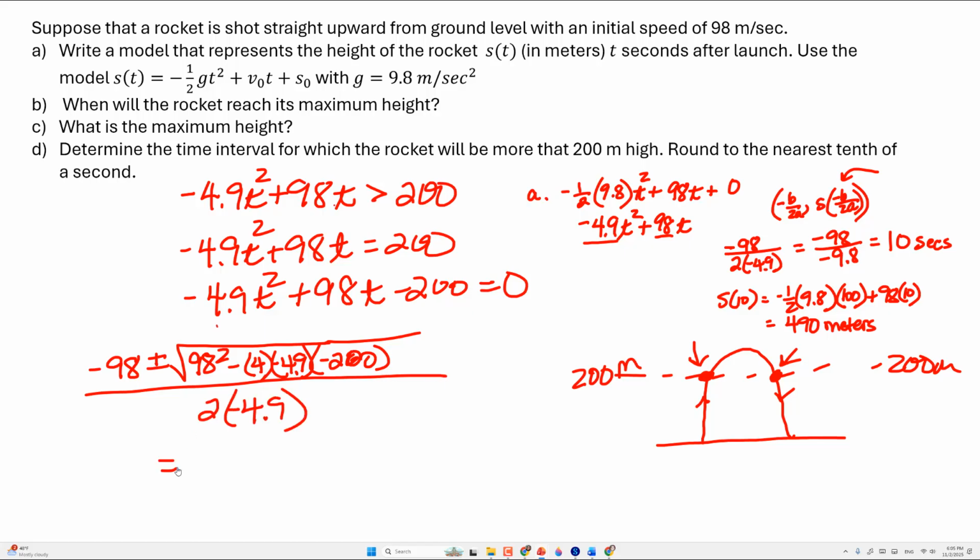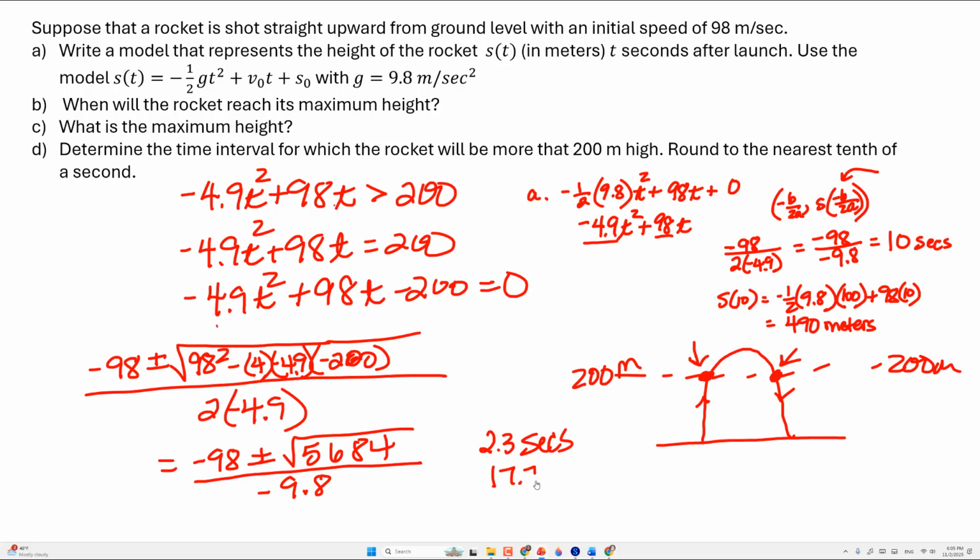And that's going to be negative 98 plus or minus the square root of 5,684, all over negative 9.8. If you punch that in your calculator, the two values you'll get for plus and minus are about 2.3 seconds and about 17.7 seconds.